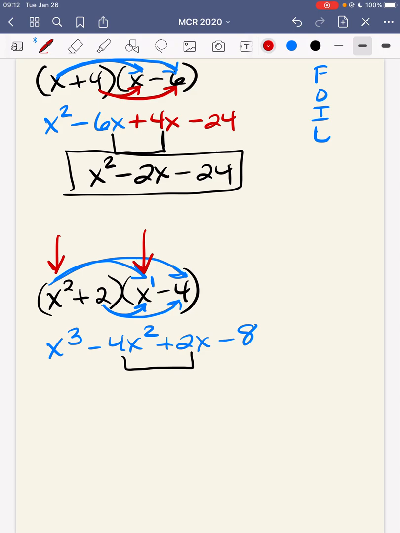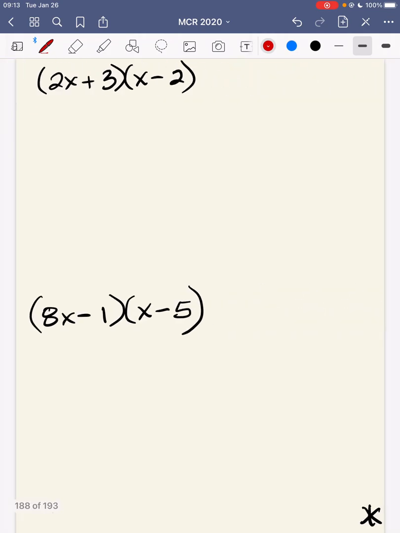Sometimes they will, depends on the last number. But just get a feel that sometimes they may not combine, and it's okay. Just do whatever is there. All right? I'm going to do a few more. I encourage you to try them first, and then go ahead and see if you're right.